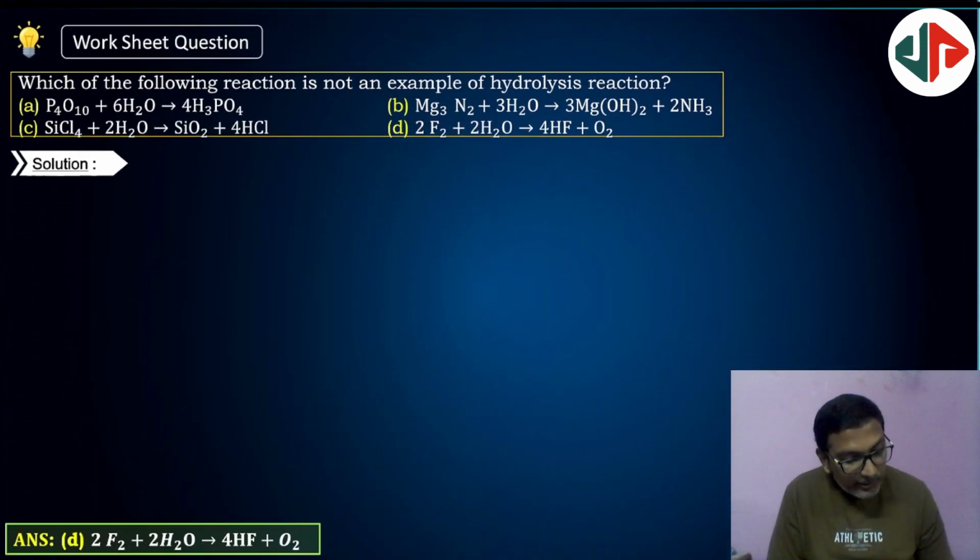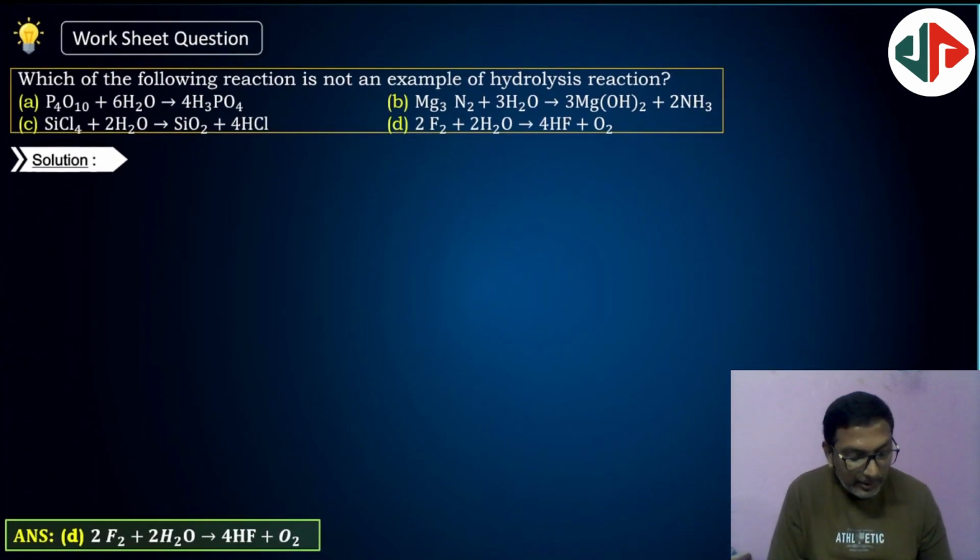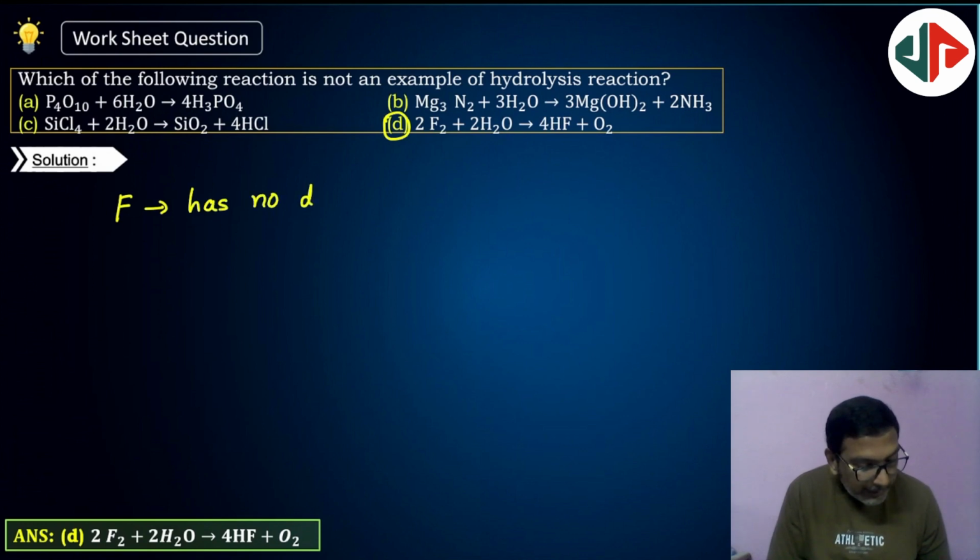So, which of the following reactions is not an example of hydrolysis reaction? Here, option D. Why? Because fluorine has no d orbitals in valence shell.